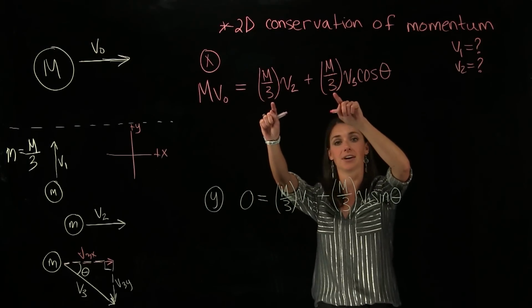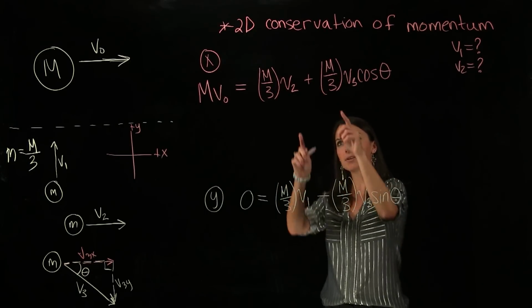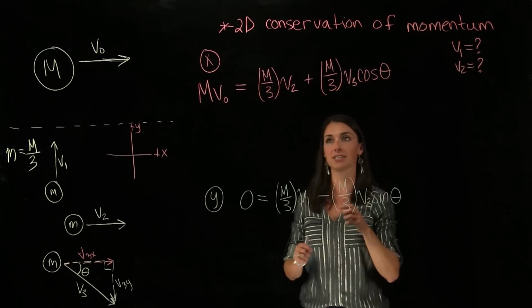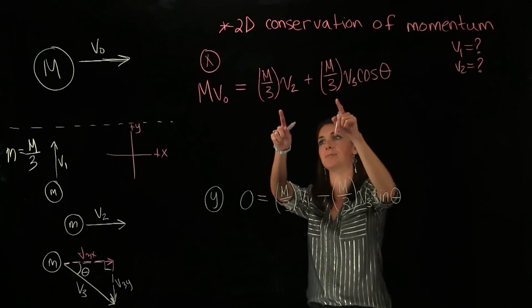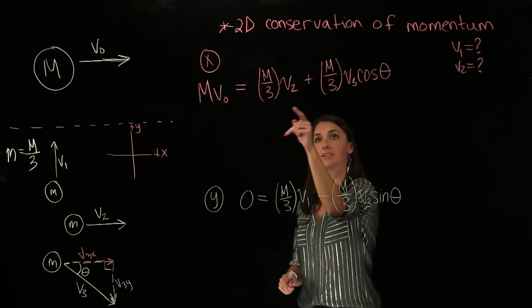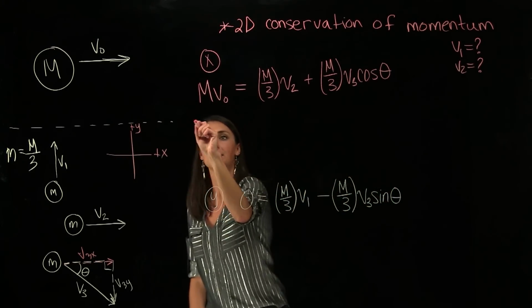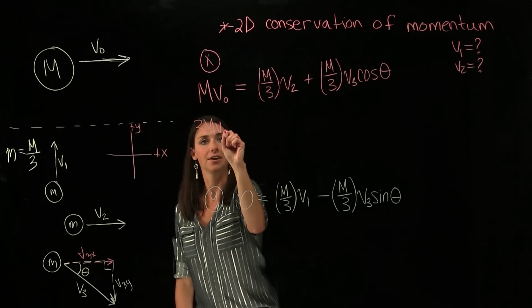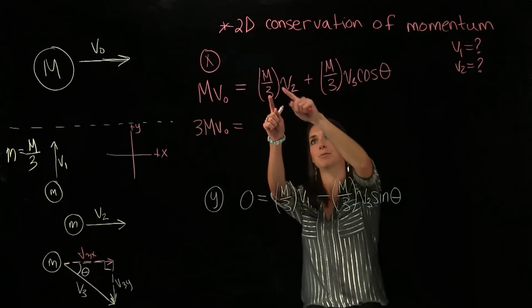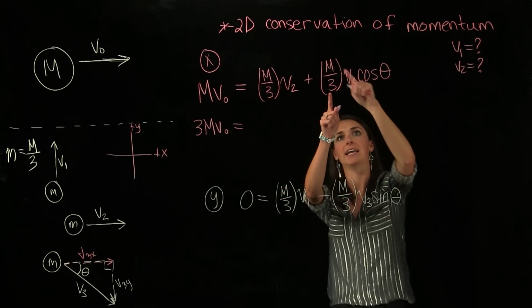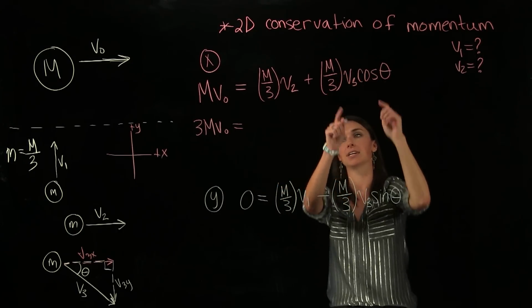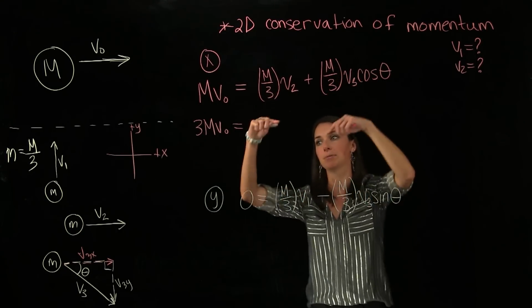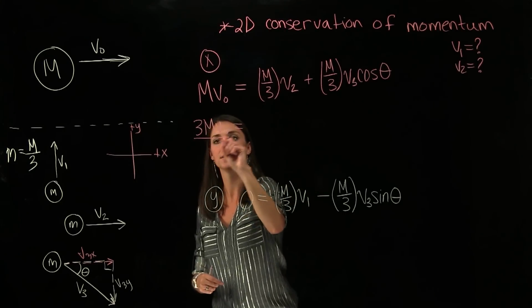Okay, so first thing I notice here, we've got m/3 in both terms, so I can kind of combine those, move them to the other side. So if I multiply everything by 3, that would cancel out those, so I'd get a 3mv0 over here. Then that'd leave me with m times v2 and m times v3 cosine theta. So then I can divide by m on both sides.